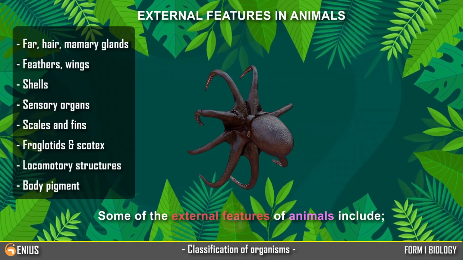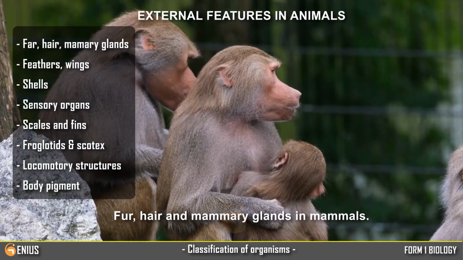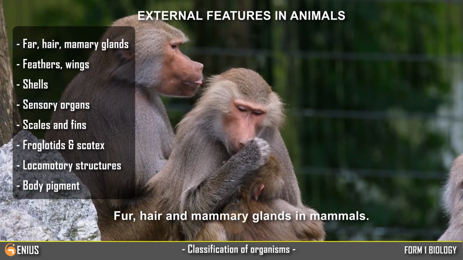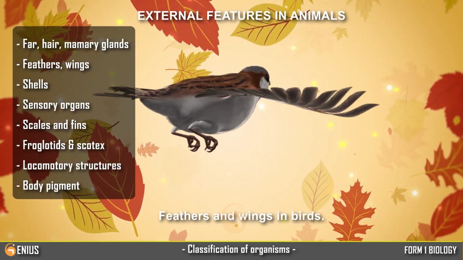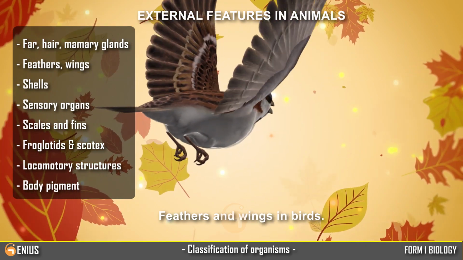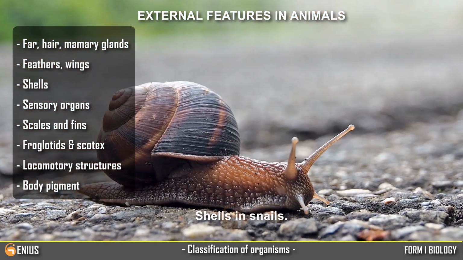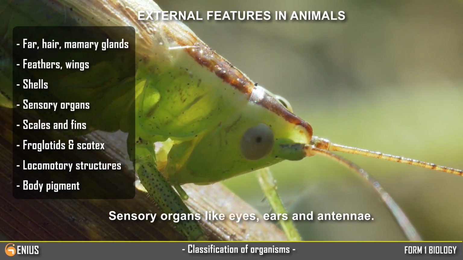Some of the external features of animals include fur, hair and mammary glands in mammals. Feathers and wings in birds. Shells in snails. Sensory organs like eyes, ears and antennae.